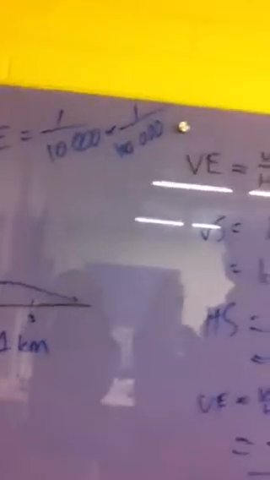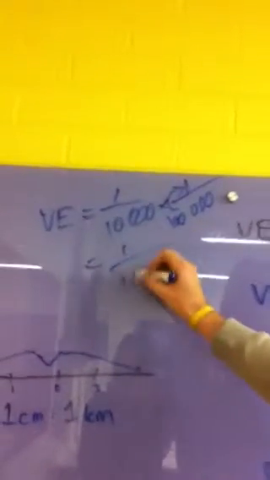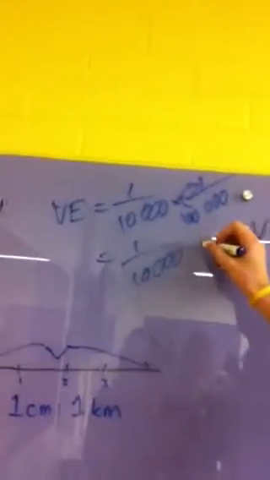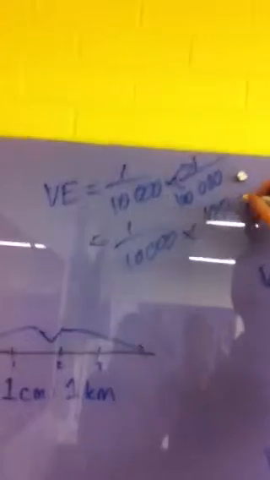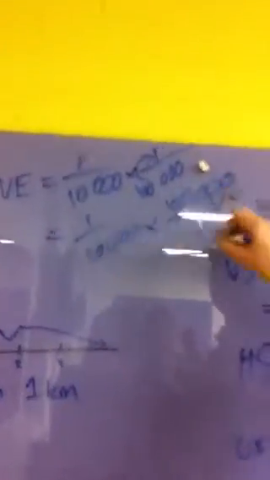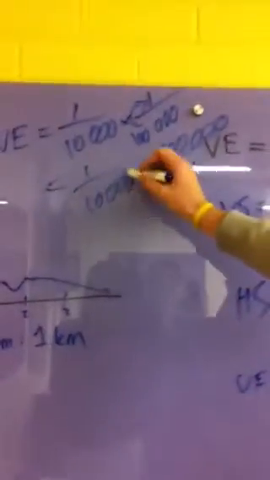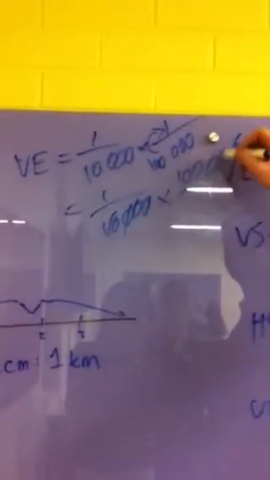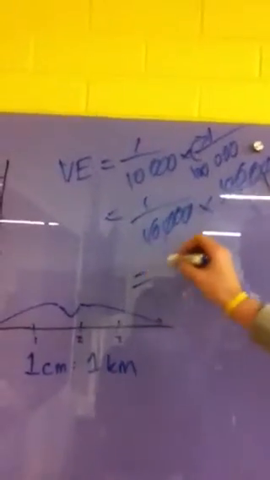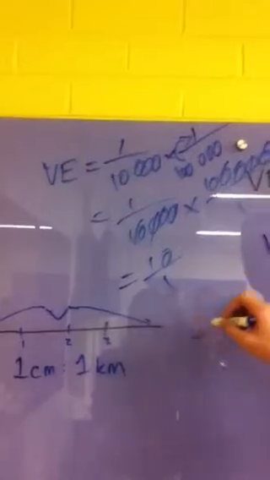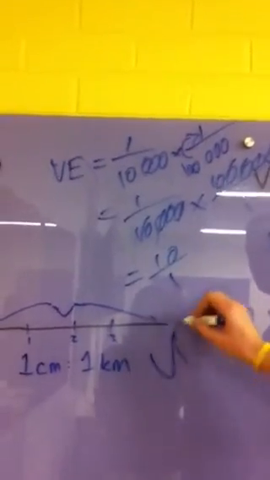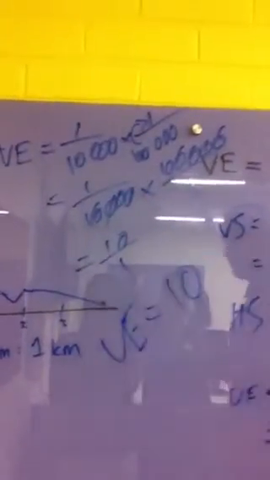But we invert it this time. So 100,000 is on top. And that's written as 1 over 10,000 by 100,000 over 1. And we've got 4 zeros, we can cancel those out. And we end up with 10 over 1, which means our vertical exaggeration is 10.